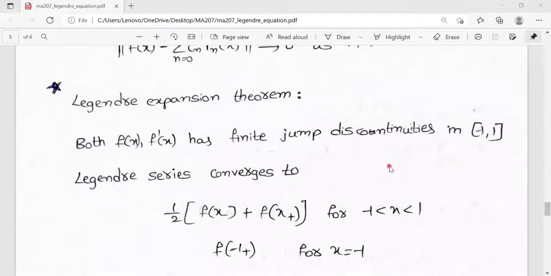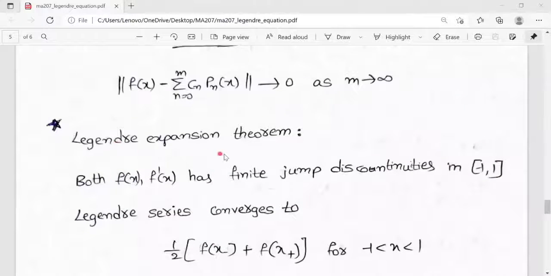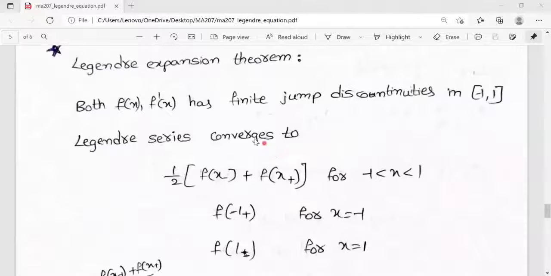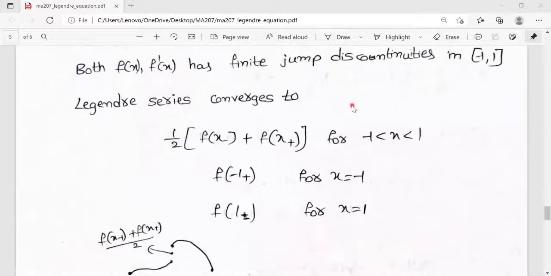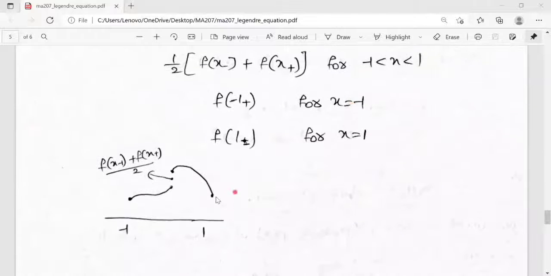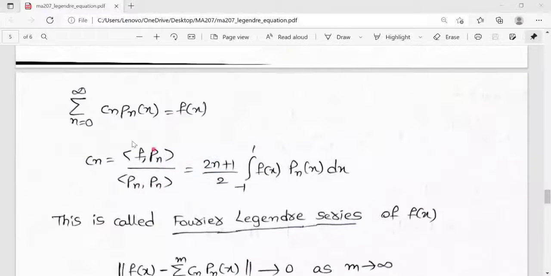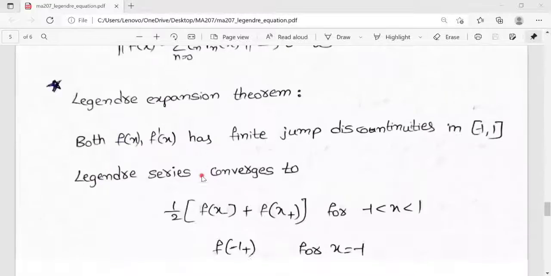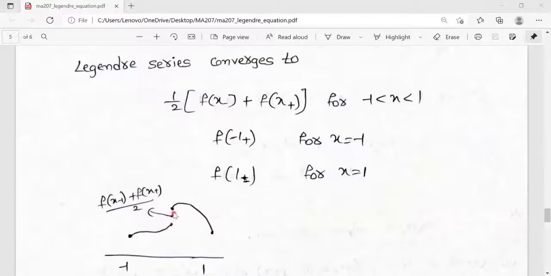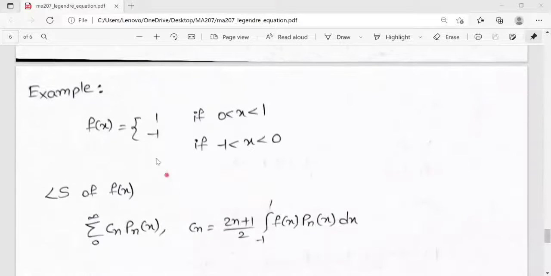Legendre expansion theorem: if f of x and f dash of x are piecewise continuous with finite jump discontinuities, then the Legendre series converges to f of x, and if there is a jump discontinuity, the series converges to the average of the two values. For example, we will take this function and find its Legendre series.